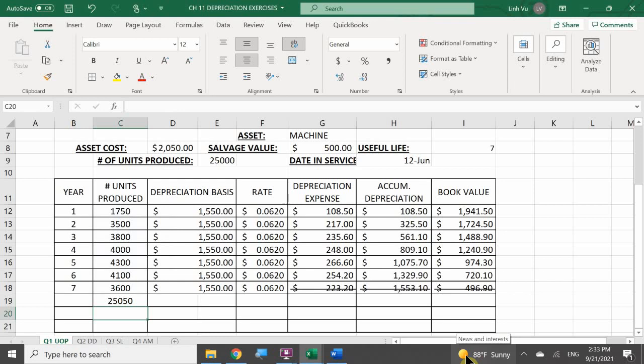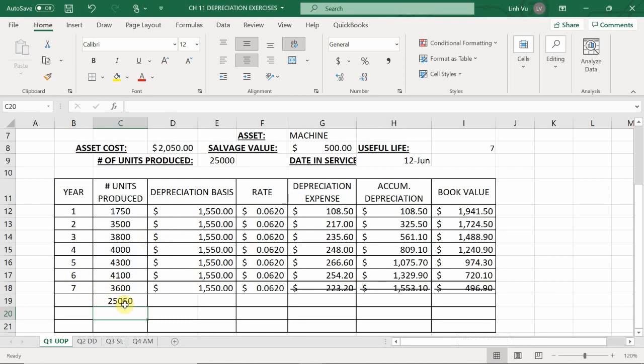Okay, so if I produced 50 units over, therefore I need to subtract it out from this amount because I went over my capacity of 25,000. In this case, that means for this year 7, I have to strike through this one too because I can't produce 3,600. I can only produce 3,550 units. Okay?